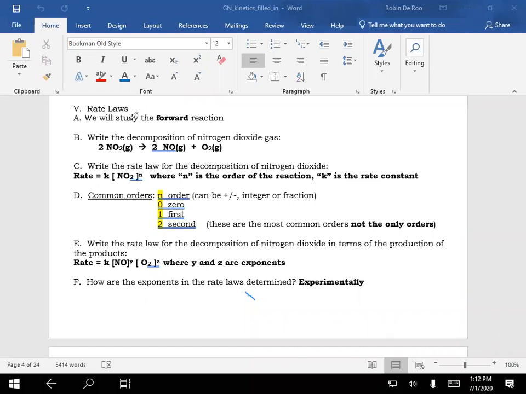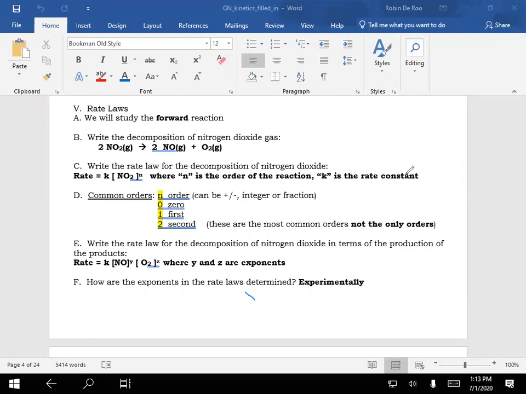So if we were to write the decomposition of nitrogen dioxide gas, this is the same one we've been looking at, and we were asked to write a rate law for the decomposition of nitrogen dioxide, we would say that rate equals k, lowercase k, concentration of nitrogen dioxide to the power of n. n is the order of the reaction. k is called the rate constant.